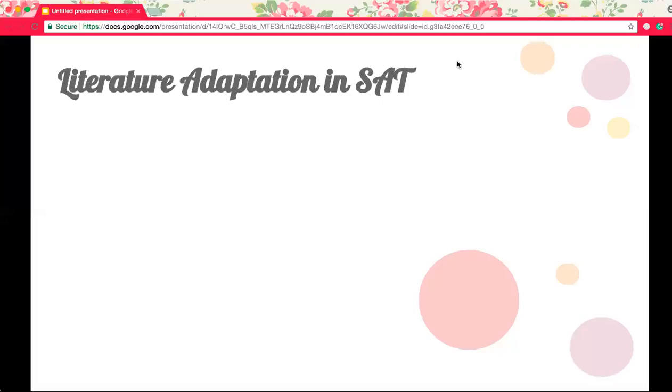But before we start to talk about the ways, let's take a look at what passages have been chosen to be adapted in an SAT test. The first one is Jane Eyre, which is also my personal favorite because the plot is pretty twisted and real and the character is very emotional.